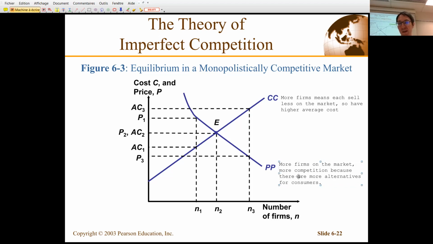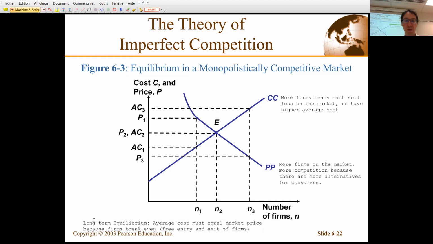So competition is harsher, and the equilibrium, so the average cost, I would say long-term equilibrium, must equal market price, because firms break even, there is free entry and exit of firms.